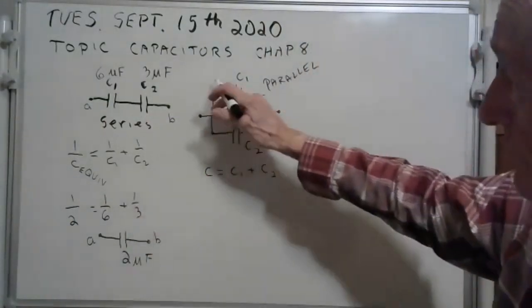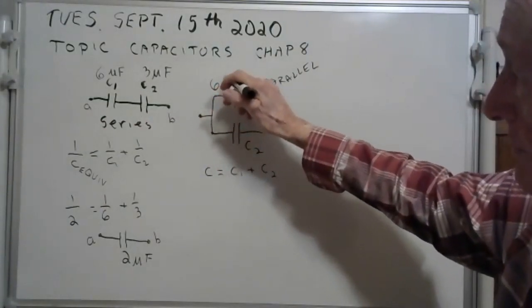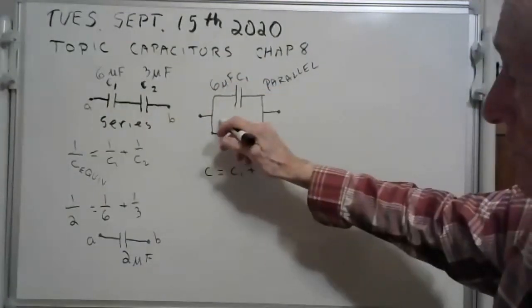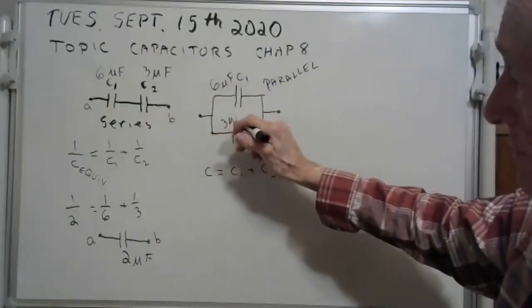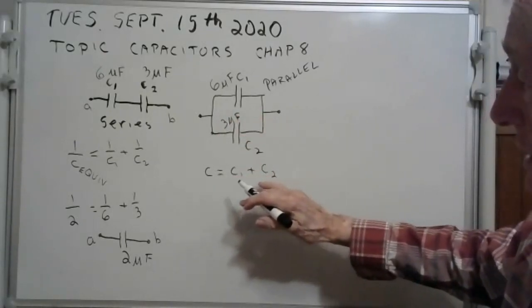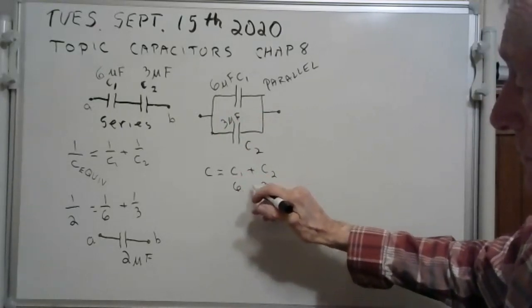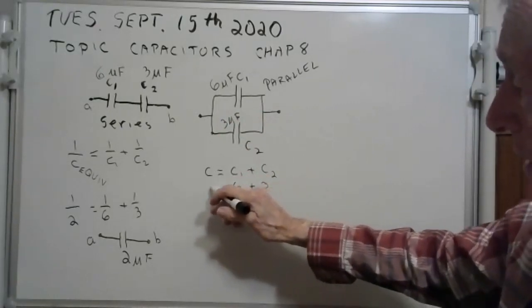But now, like if this is a 6 microfarad, and this is the 3 microfarad, these just add up. If you got 6 and 3, I get 9.